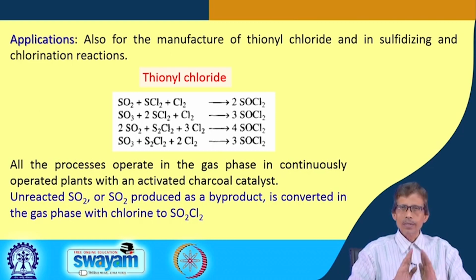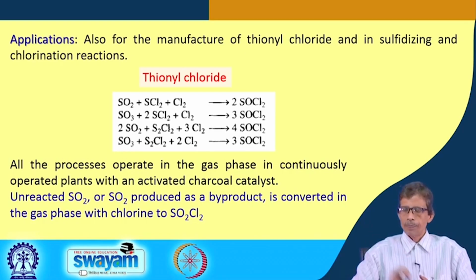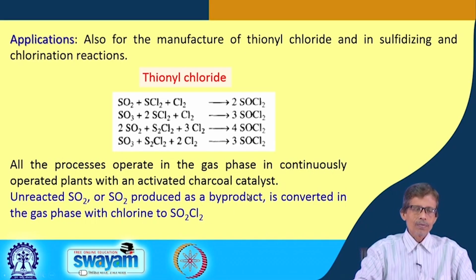So, on that surface, each and every carbon center is basically trapping those SO2 or SO3 molecules, and 2 other species. Basically these are 3 component reactions, A plus B plus C, giving you only one product, which is your D. So, charcoal catalyzed reactions for all these 4 cases can be useful for producing thionyl chloride.